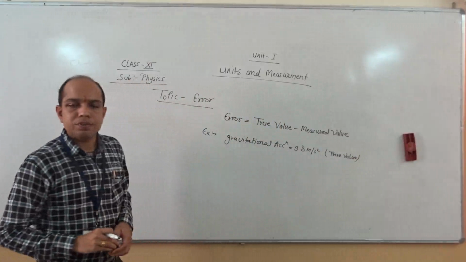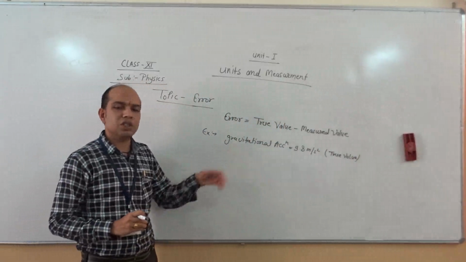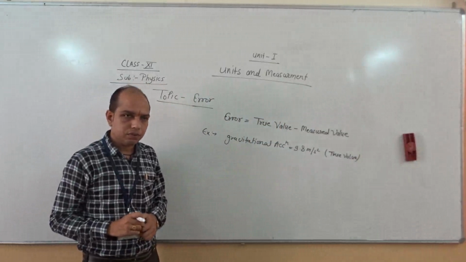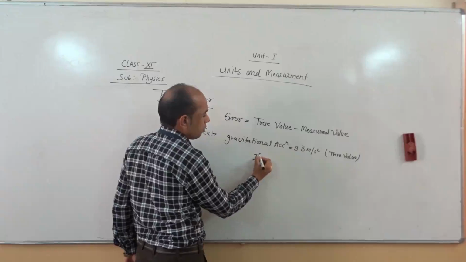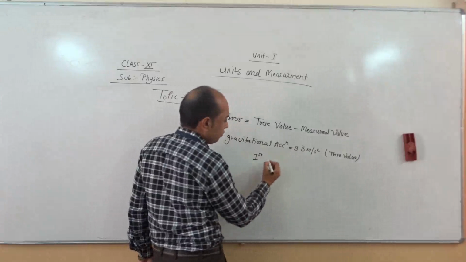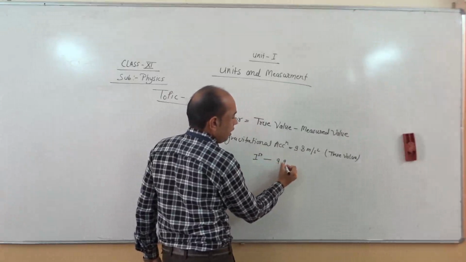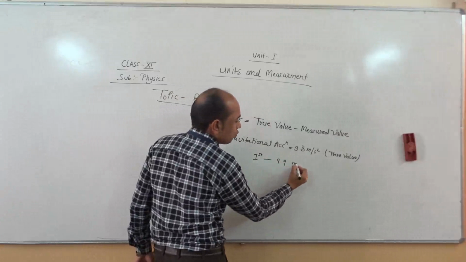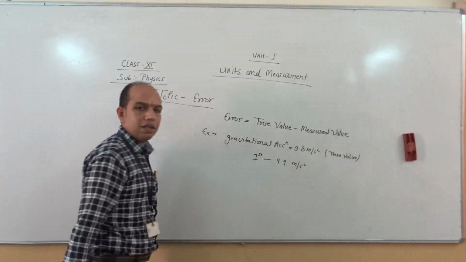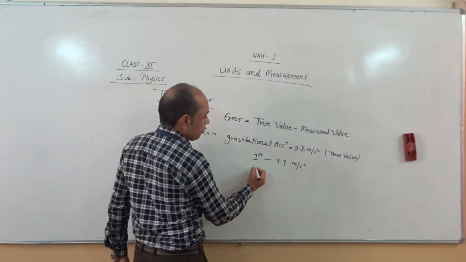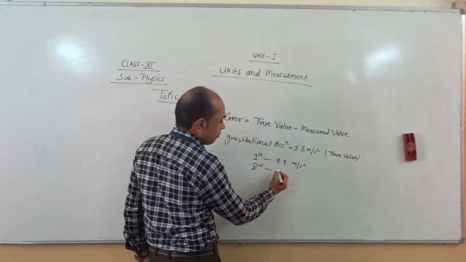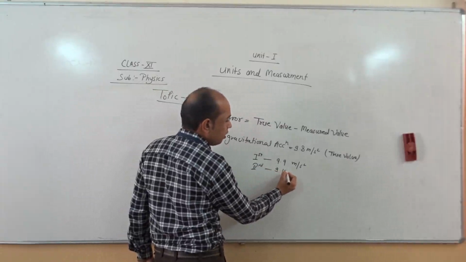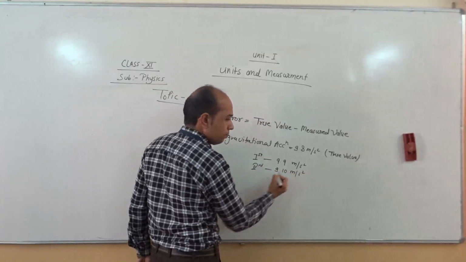For example, someone measured gravitational acceleration by a method, and the first student reports 9.9 meter per second square. Similarly, the second student reports the value 9.10 meter per second square.